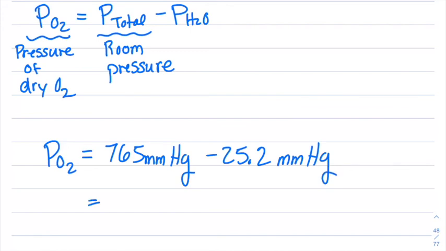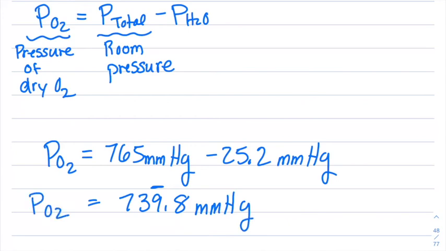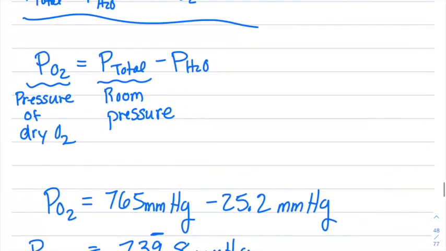So I'm going to take that 765 and subtract 25.2, and it looks like we are at 739.8, like so. And this is the pressure of our oxygen. Okay, so any questions about what I did here or why I had to subtract out the pressure of that water?